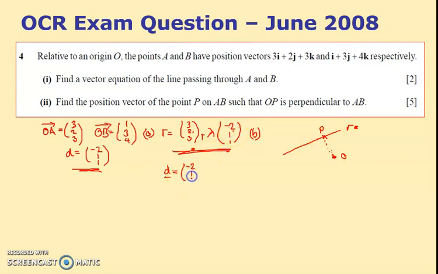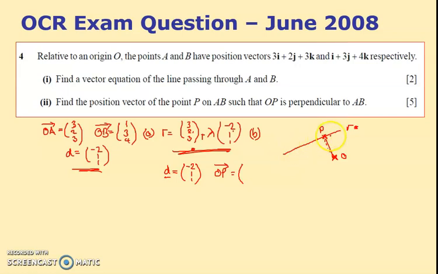The hard thing actually is the vector OP. The reason why it's hard is because it's a point on the line, and it's a bit weird, this. It starts at O, so that makes it easy. Going from O means you don't need to worry about where it goes from, you just need to know its coordinate. And its coordinate simply comes from this equation up here.